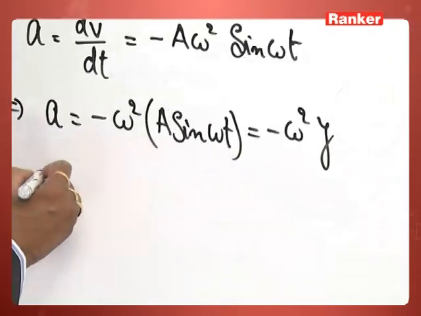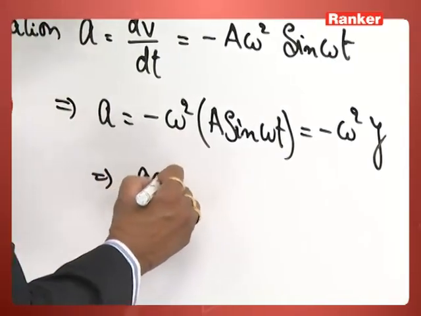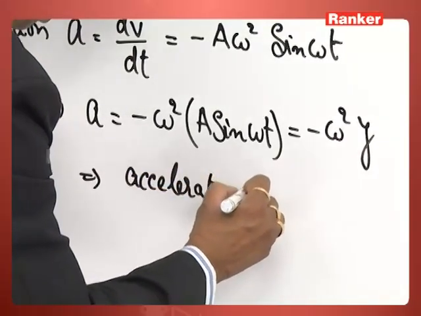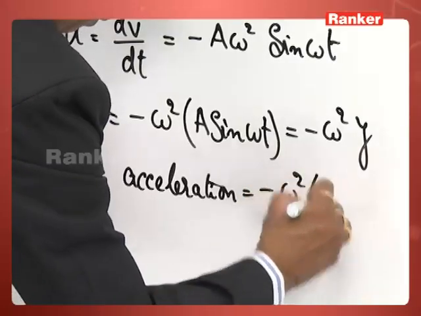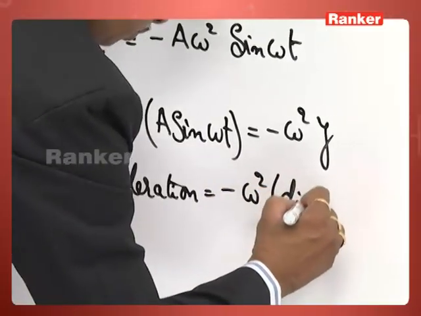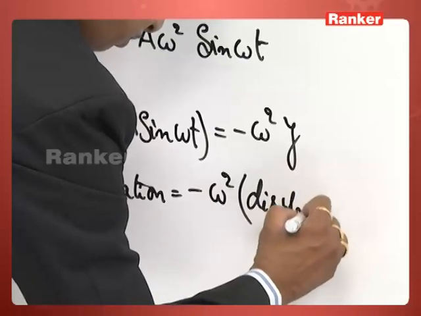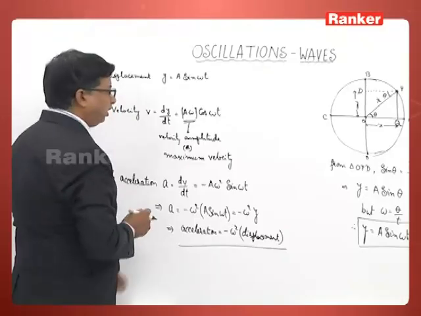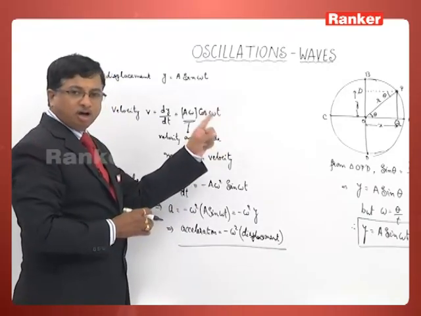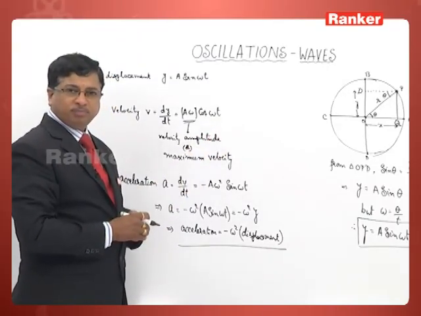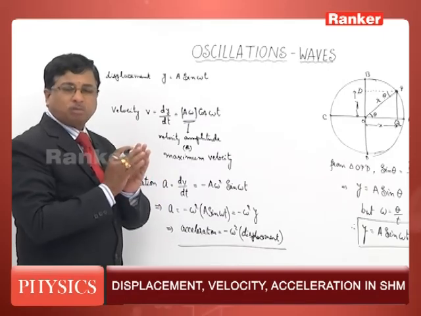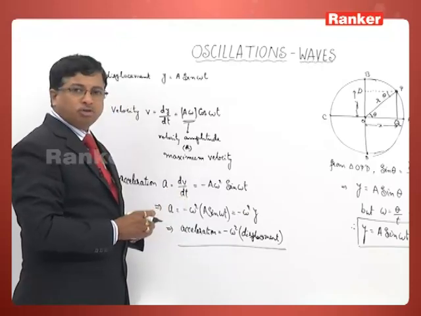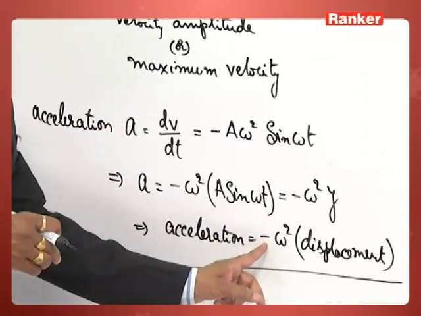So look at this equation carefully. Acceleration of the particle in SHM is equal to minus omega square into displacement. Is it not the basic equation we took up earlier while defining simple harmonic motion of a body? Whenever we consider simple harmonic motion, acceleration is directly proportional to displacement in the opposite direction.